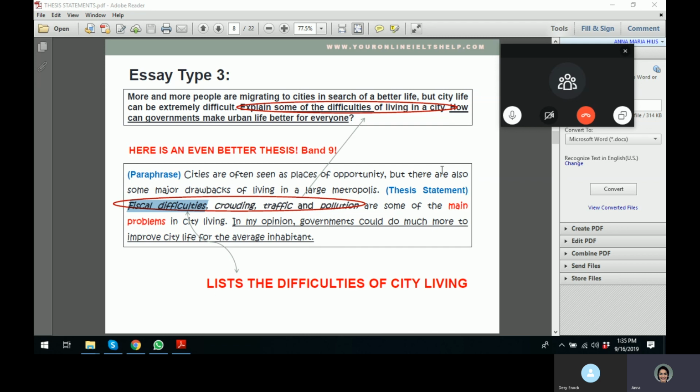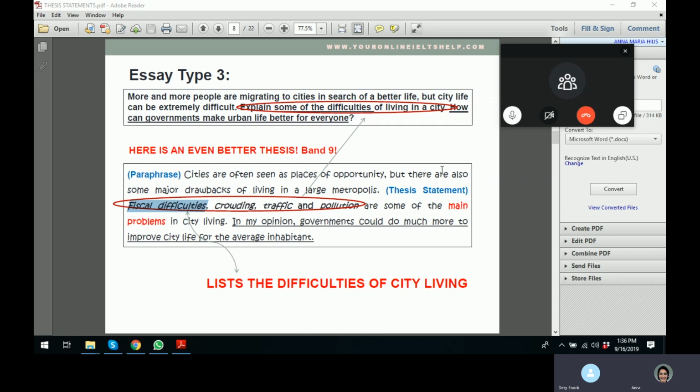How about crowding? How can the government improve this? Well, crowding. The government can help improve crowding by providing state housing. For instance, the government can build an estate and rent it out to individuals on minimum payment terms. All right. How about traffic and pollution?